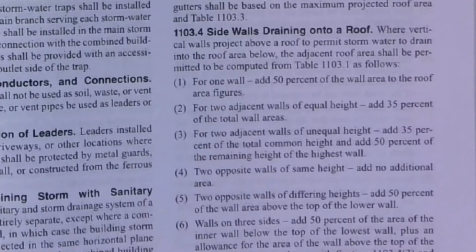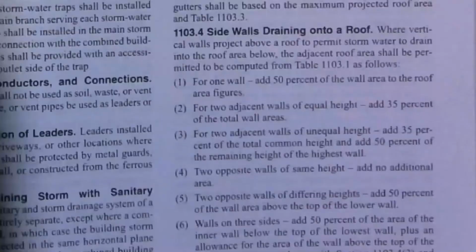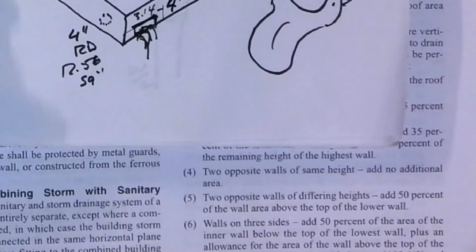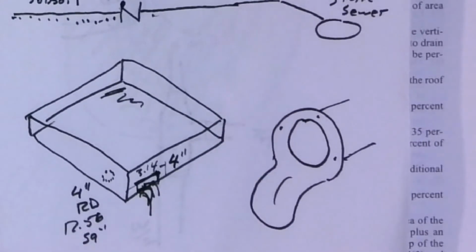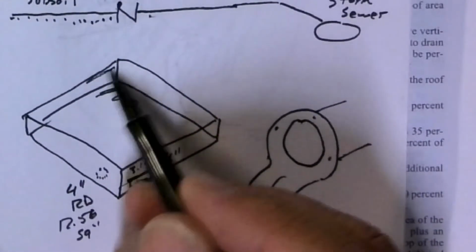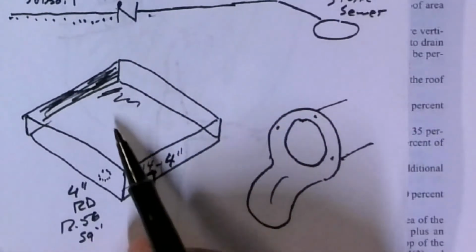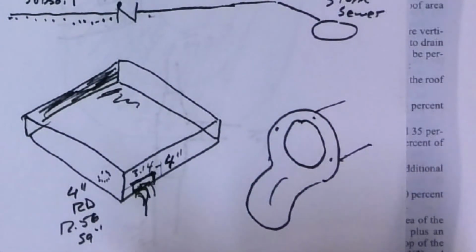this section. Where vertical walls project above a roof to permit stormwater to drain into the roof area below, the adjacent roof area shall be permitted to be computed from table 1103.1 as follows. So what we're talking about, and we'll go back to this one here, is this wall right here. So a roof drain receives the discharge.